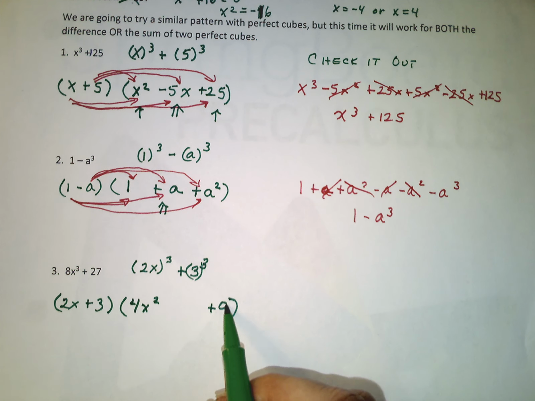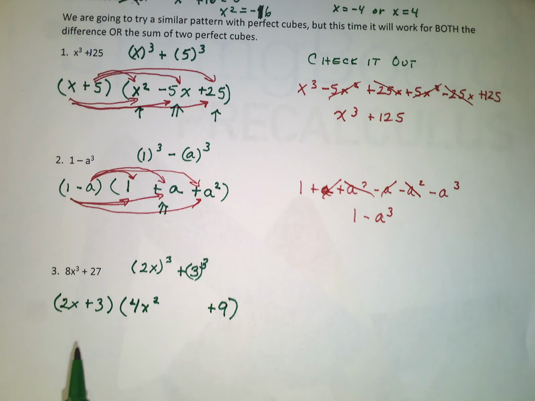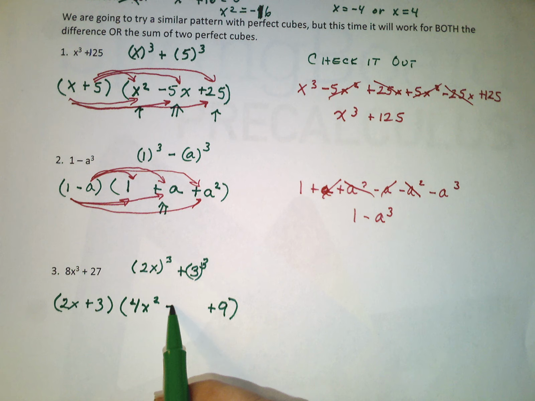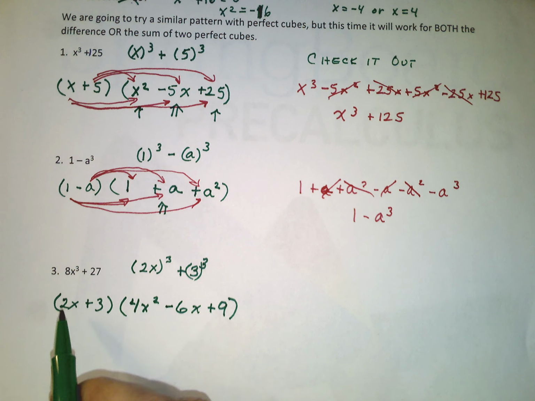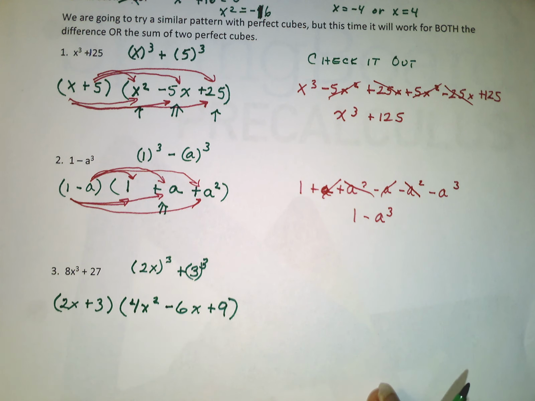Well, that would be a positive 9. And then the middle, we're going to go back to the first factor, multiply these two together, change the sign. So 3 times 2x would be 6x, change the sign, and we'll complete this with negative 6x. And that would be the factorization for the sum of those 2 cubes.